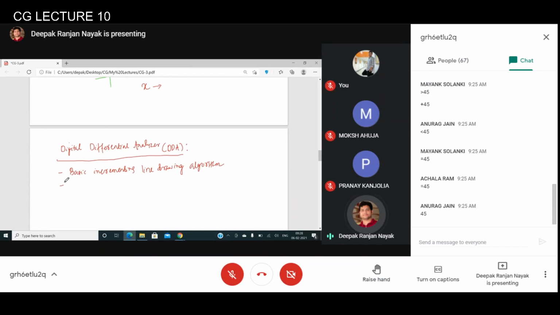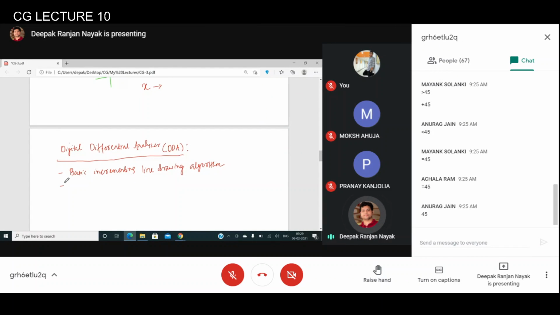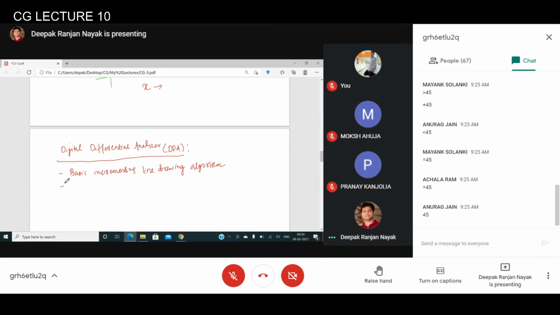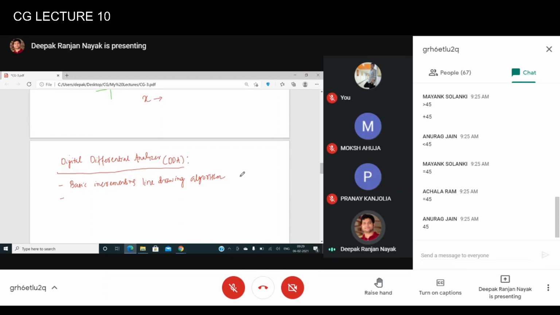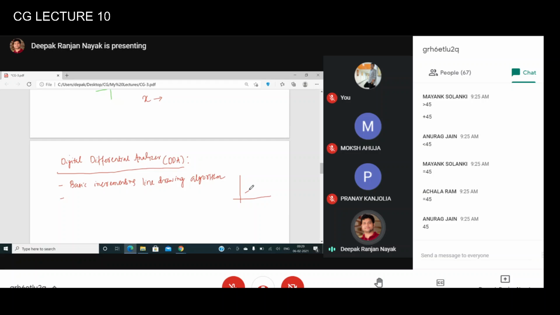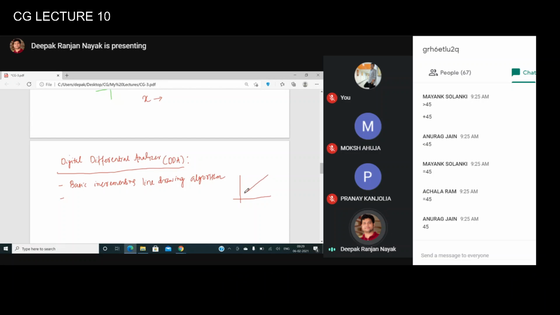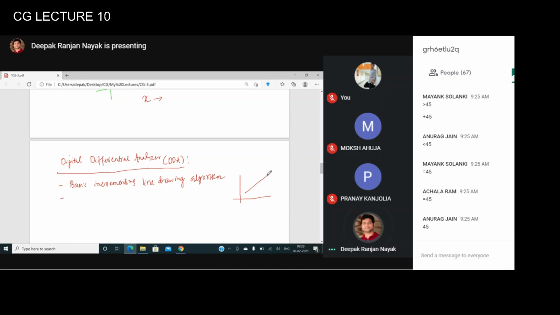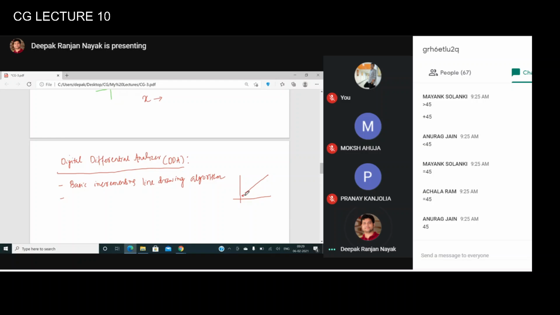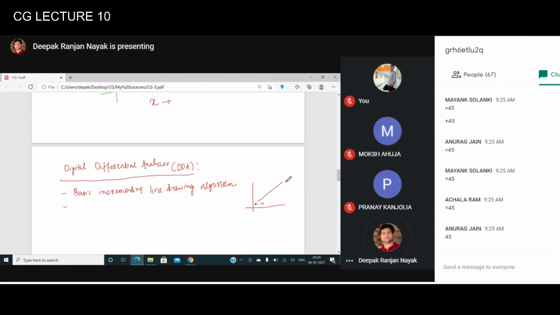So what we do generally here is we sample the line at unit intervals, right? Given a line in a coordinate system, we sample the line, let's say x1, y1, x2, y2.